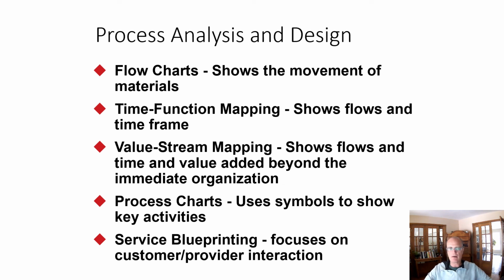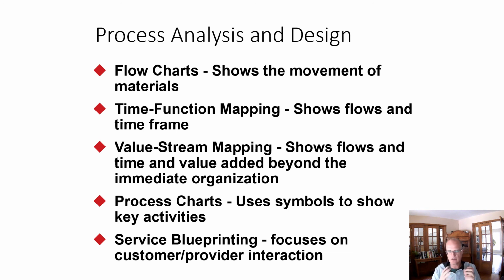So to wrap up, there are a variety of things we can do. We can do flowcharts. We talked about time function mapping. We can do value stream mapping, which shows flows and time and value added beyond the immediate organization. So if things go out and then come back, or if there are other processes that we added. We have process charts, and I'm not going to show one today.